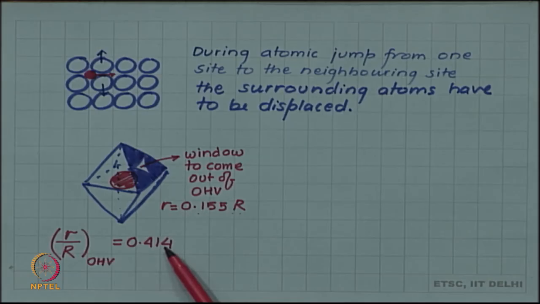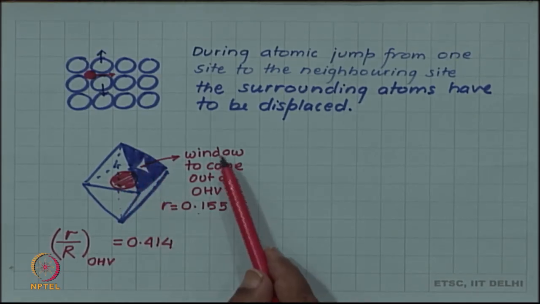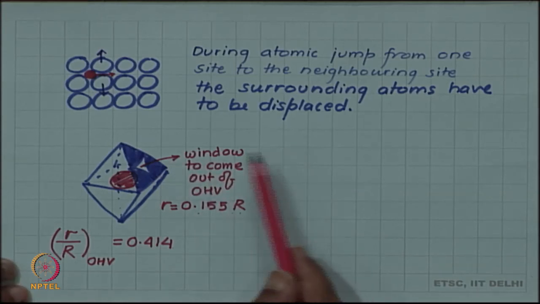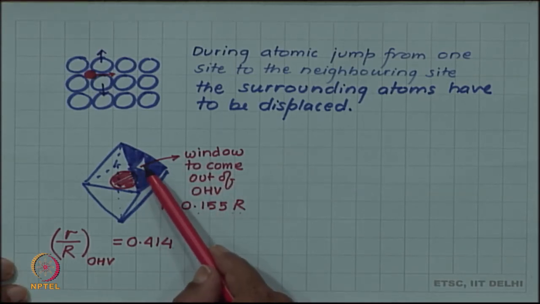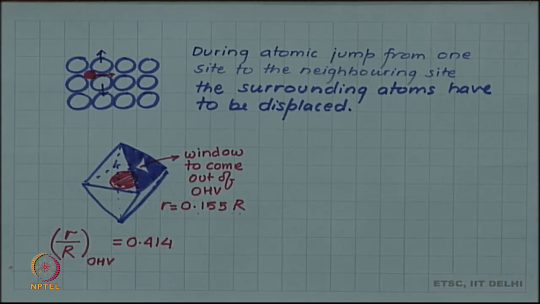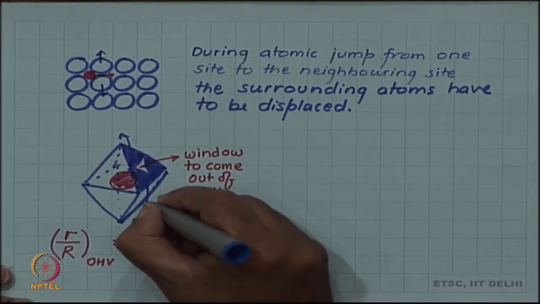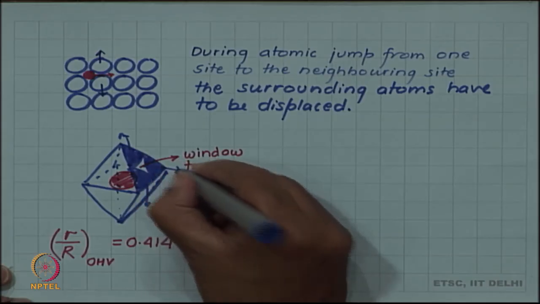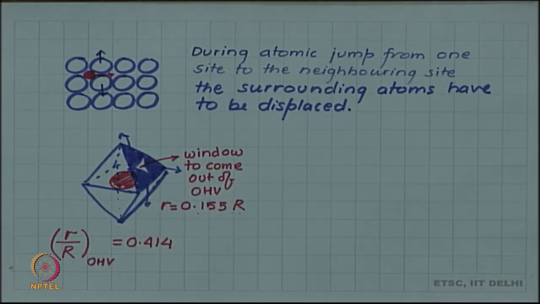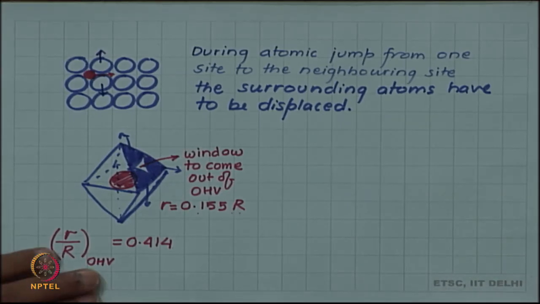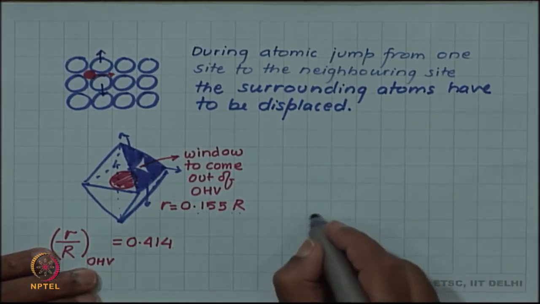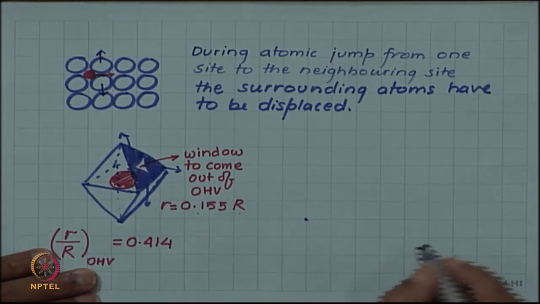So, although a larger atom can fit inside, when it is trying to come out of this octahedral void to some nearby site, it has to displace these neighboring atoms. These neighboring atoms have to be displaced out to increase the size of the window and come out. So, this will create a distortion, and in terms of energy you require the energy of the system to increase.